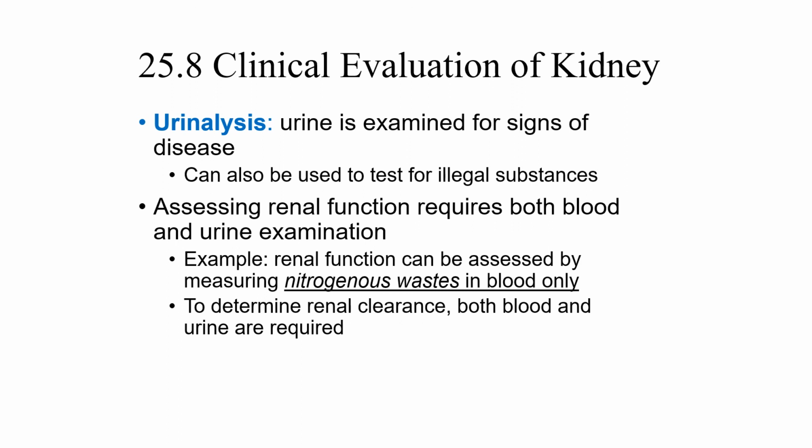It's lots of fun. That's what I did every morning in high school. After I drew blood from patients, I went back to the lab and did all the urine analysis. It's so much fun.